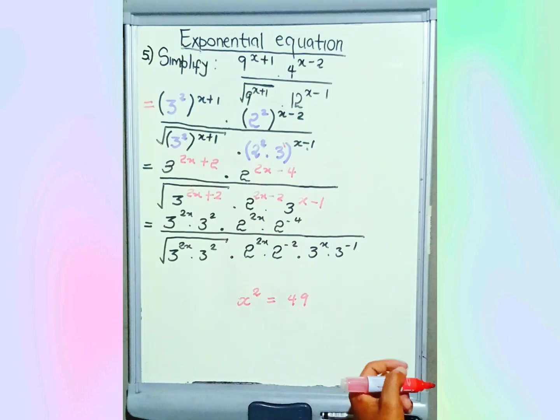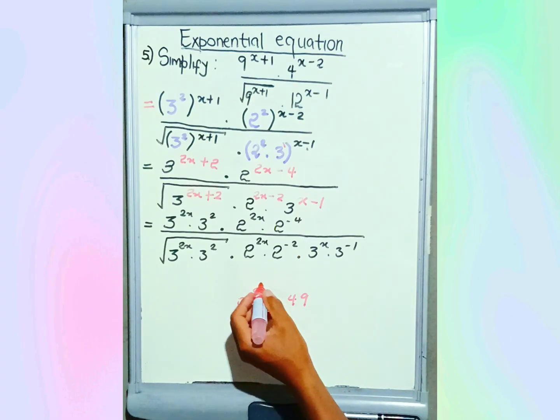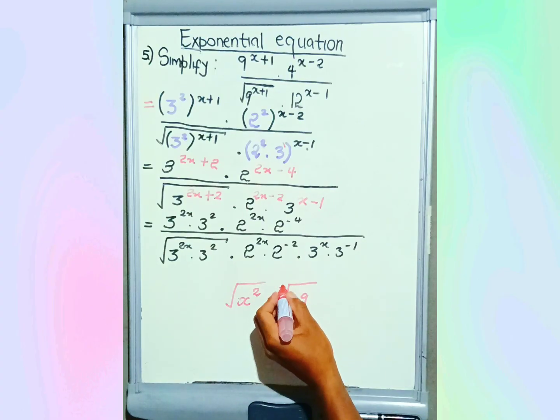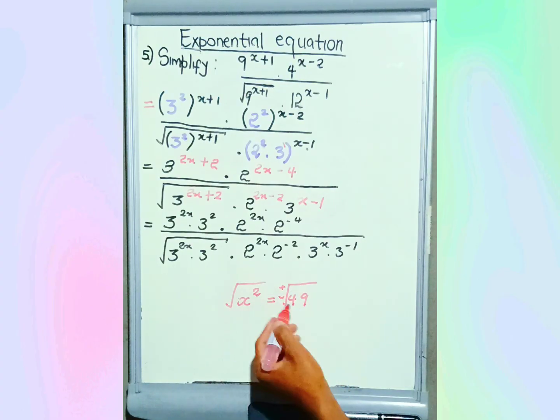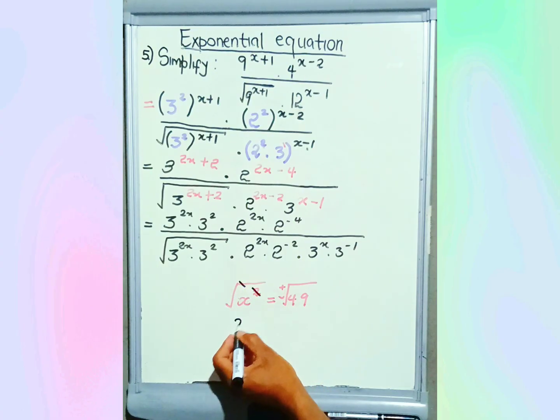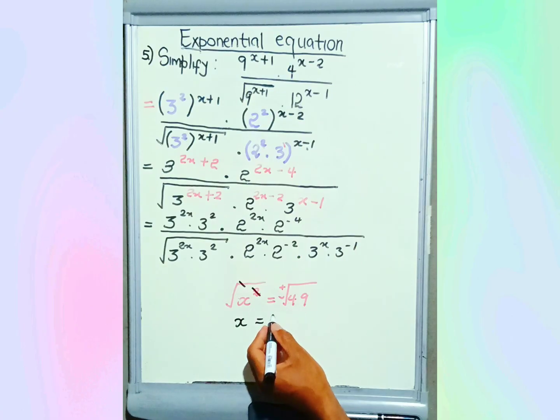Then when I'm solving this equation, I normally say that I put the square root on both sides, okay? Because the square root is the same exponent. You see that? So if I'm having the square root on both sides, this 2 is going to cancel this square root sign. Then I am left with x equals plus or minus 7.